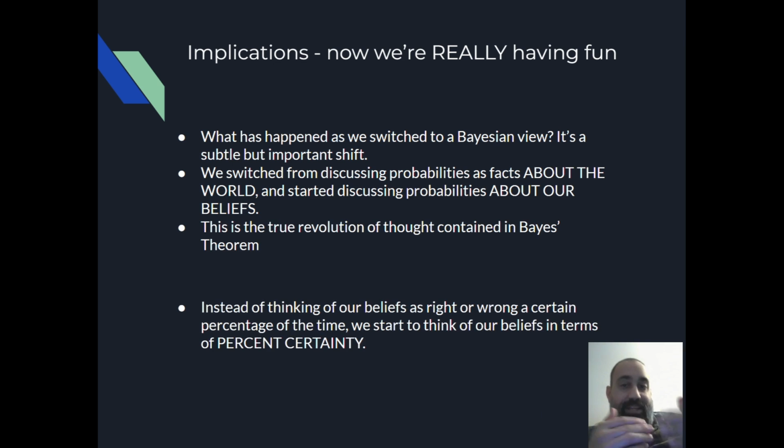And with Bayes' theorem, that's the true revolution: instead of thinking about our beliefs as right or wrong a certain percentage of the time, so I could say that out of all the patients I diagnosed with COVID, I was wrong a certain percentage of the time, or I could say that my beliefs about the patient have a certain percent certainty. I'm 80% certain you have COVID. I'm 90% certain you have breast cancer.